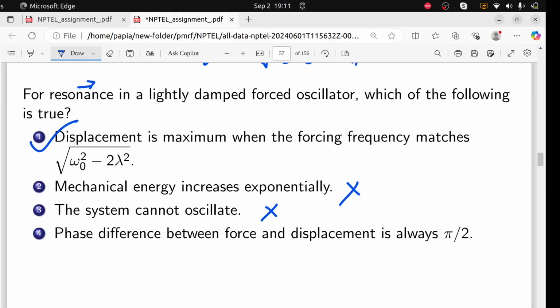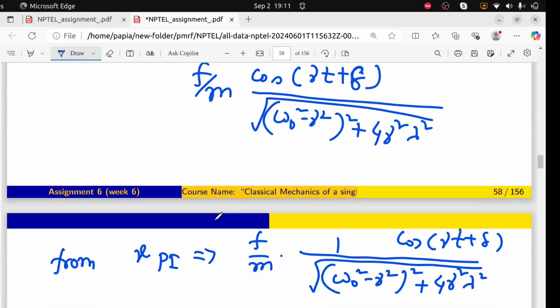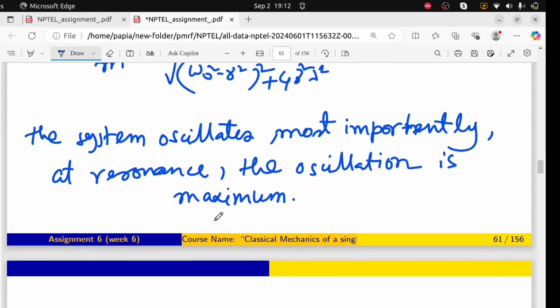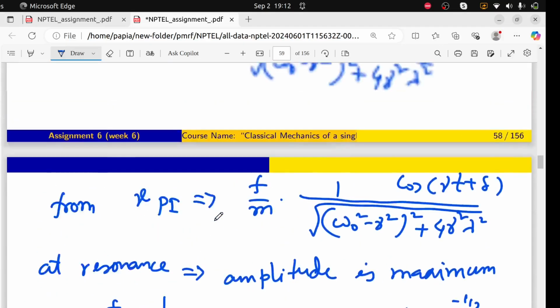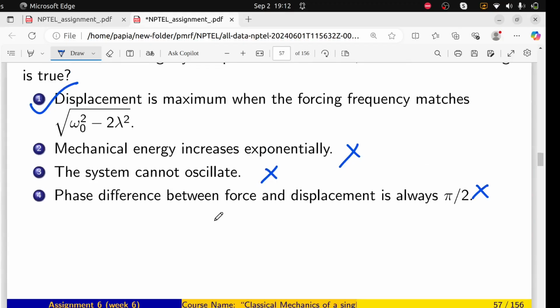Phase difference between force and displacement is always pi by 2. No, that is also not correct, because I can show you that. So here you can see our force was what? F0 by m cos gamma t. So here it was a cos function, there is also a cos function. Obviously depending on this whole term, it will change. But as a whole, it is not like that always there will be a pi by 2 phase difference between displacement and force.